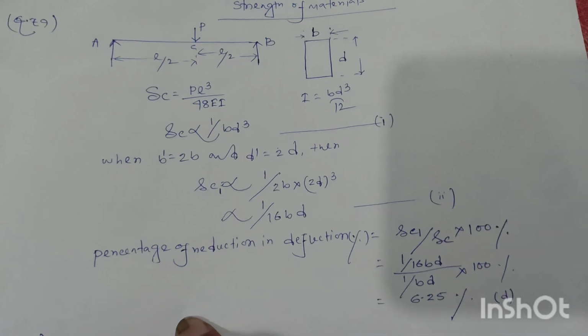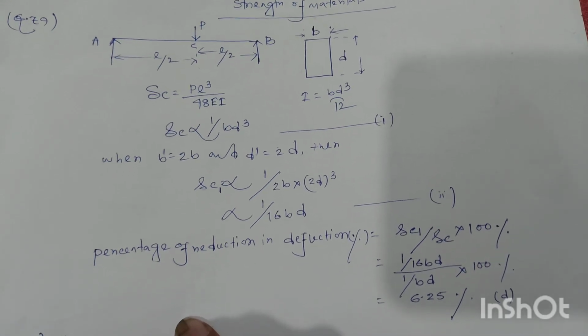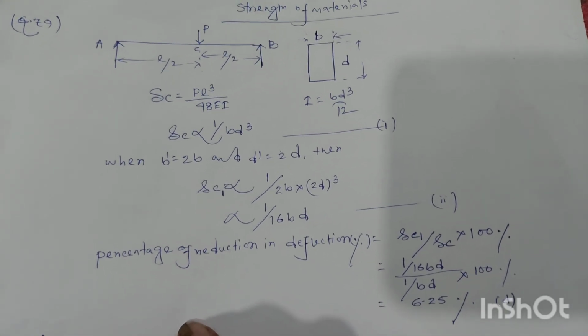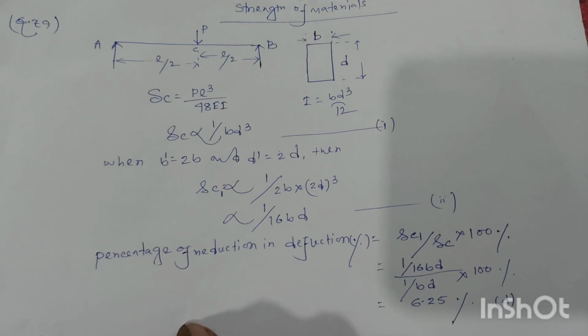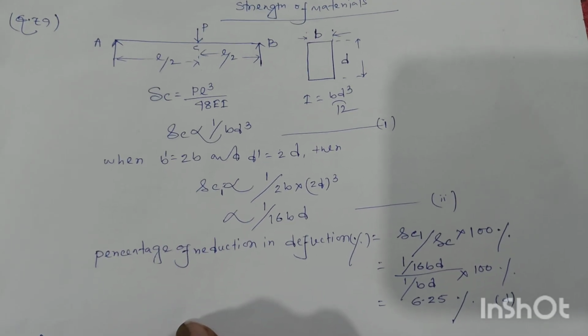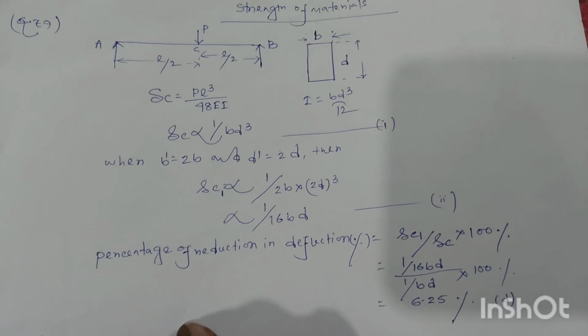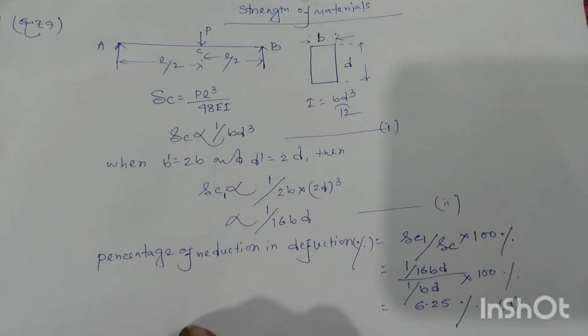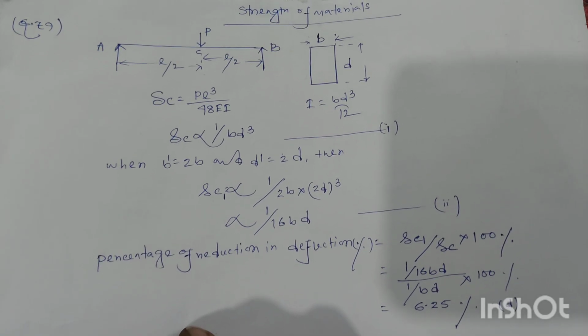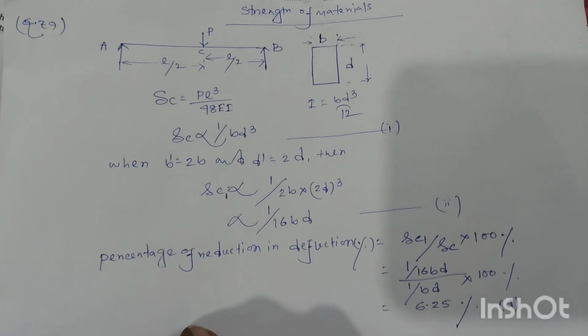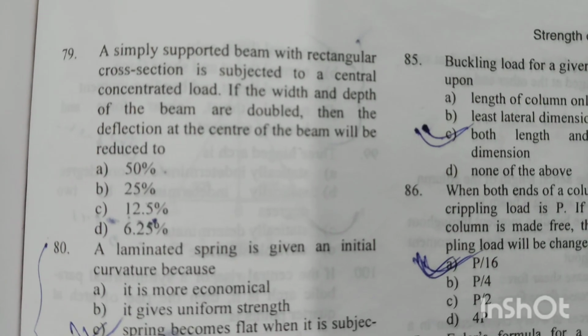Now if we find out the percentage of reduction in deflection, that will be equal to the del C1, that is deflection after the dimension is changed, divided by the original deflection into 100%. And if we put all the values, then we will get the percentage equal to 6.25%. Option D is right answer.